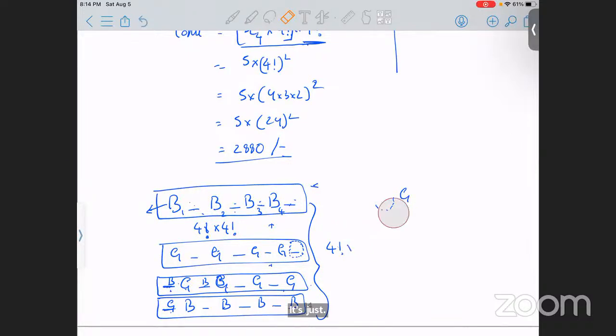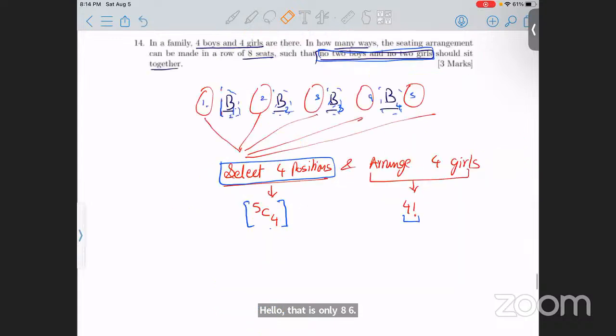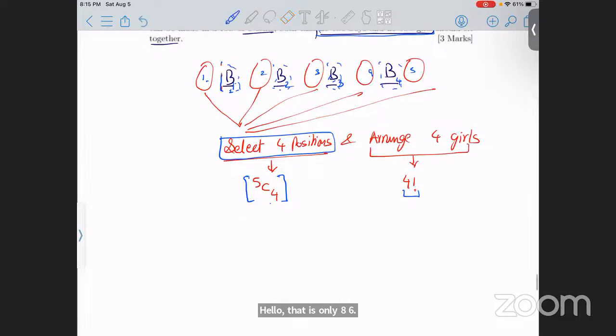This is wrong. Sir, there is only 8 seats. Yeah, you're right. Just stop.